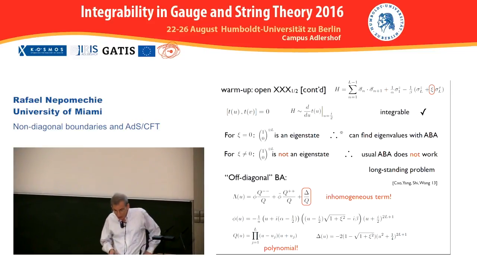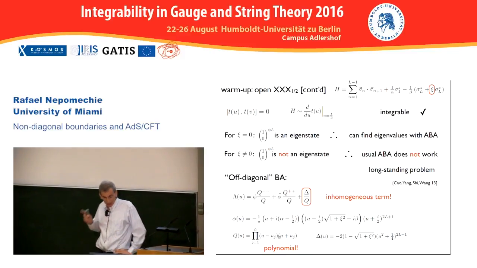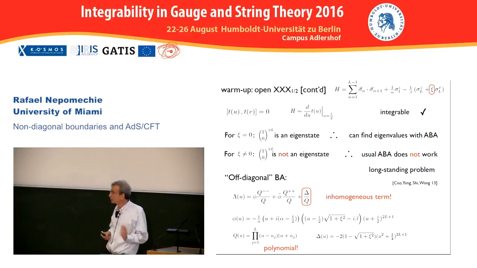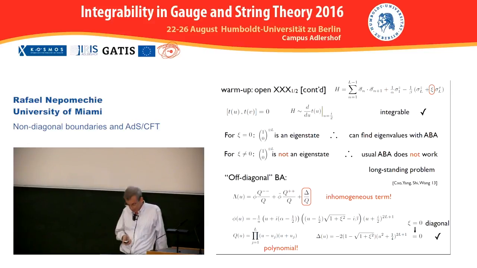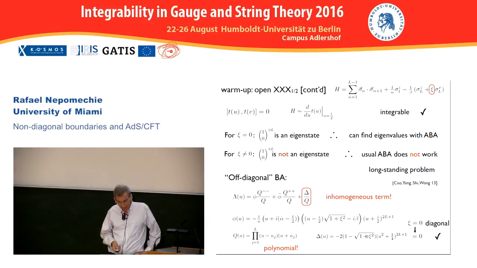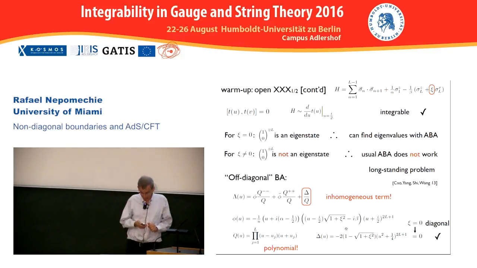The point is, if you don't do this, then you don't satisfy the asymptotic behavior, and then you don't get polynomial Q functions. What's very nice here is that you have polynomial Q functions, so there's a Bethe ansatz. And notice that if we now dial C to 0, then this term becomes 1, and δ becomes 0, and we're back to the homogeneous TQ equations.